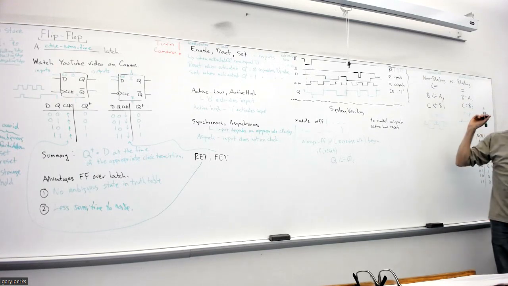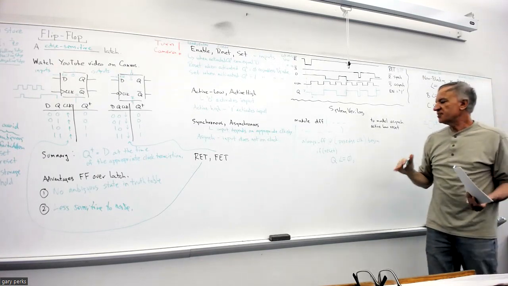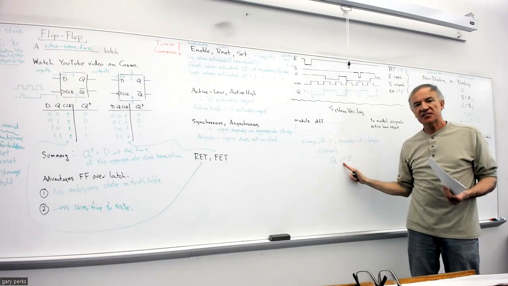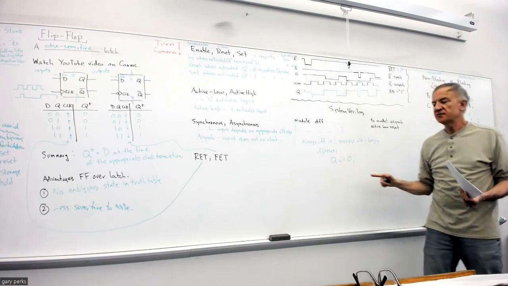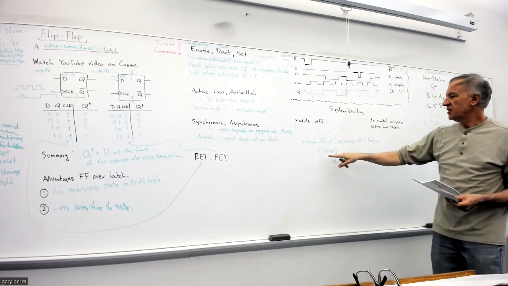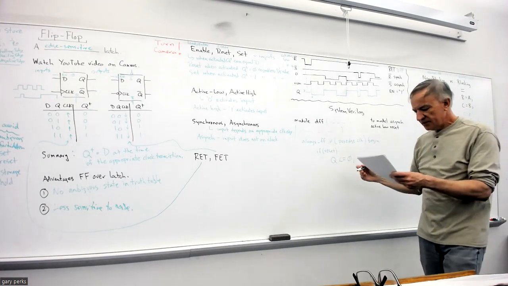So the gist of this is that when it's an always_FF, you always have to use the less than with the equal when assigning outputs, and when it's an always_comb, you use the equal sign. All right, but getting back to this, if reset, this is going to happen.